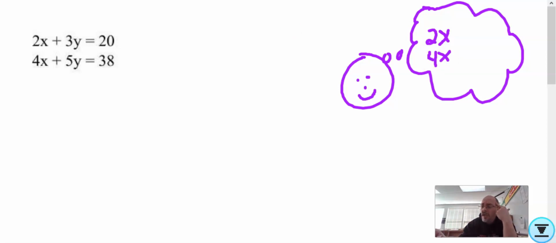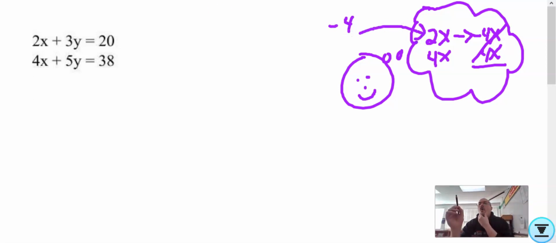I could change that 2x into a negative 4x, and then the 4x underneath, those would eliminate. So I need to change that top equation. I need this to become a negative 4. So I need to multiply this top equation by a negative 2.